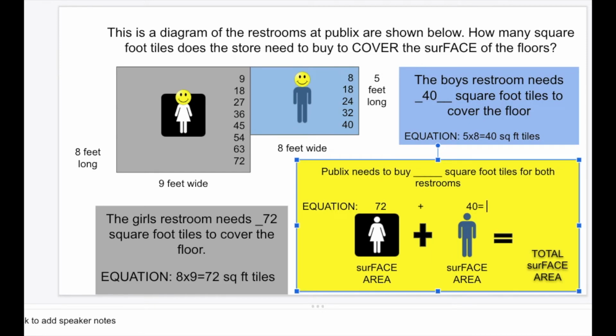They did 72, and then they skip counted by tens, and so they did 82, 92, 102, 112. So Publix needs to buy a total of 112 square foot tiles for both restrooms.